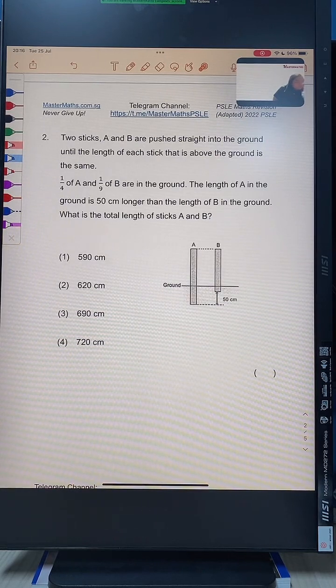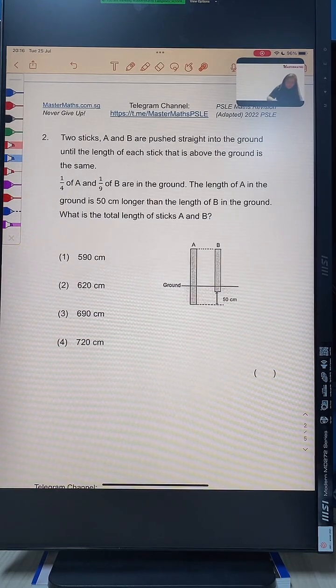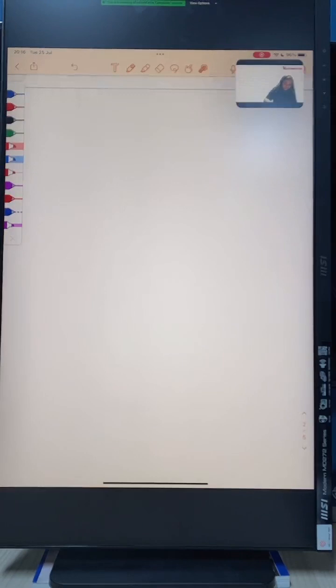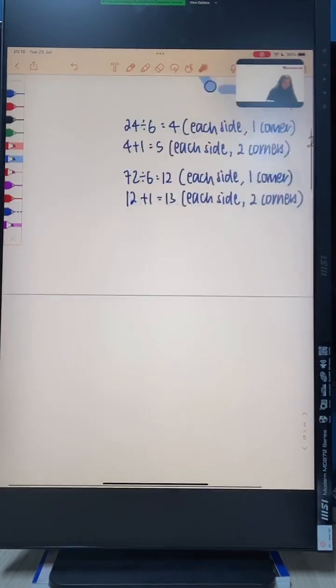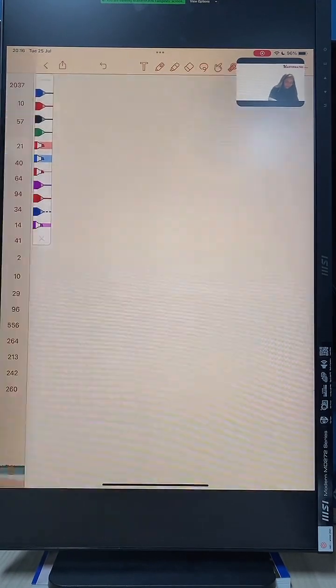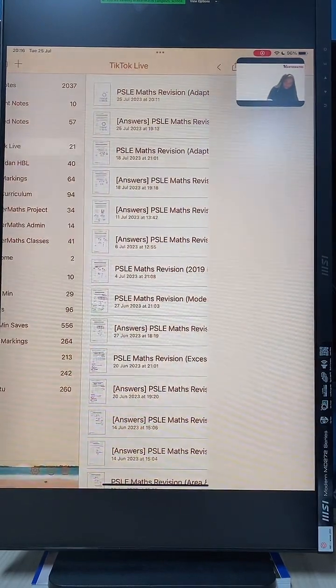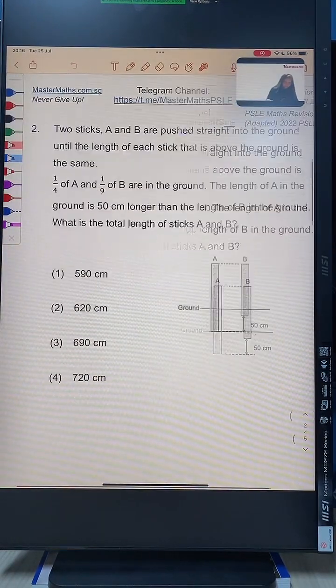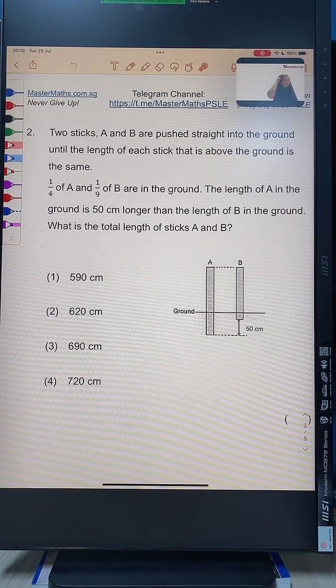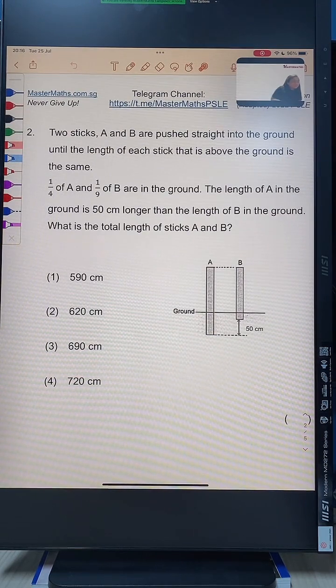Is this okay? I tried to move it a little bit. Maybe I zoom in for you. Hang on a second. There we are. Okay, is this better? I hope this is better.